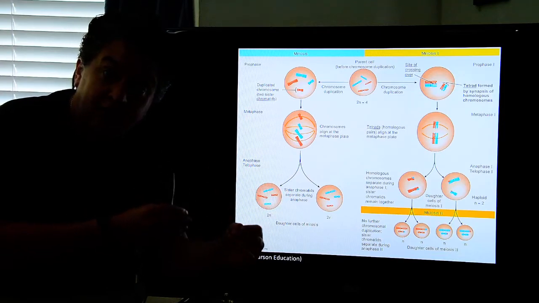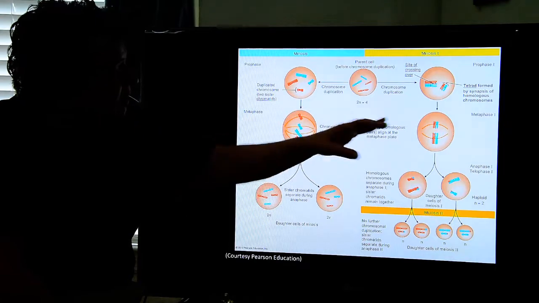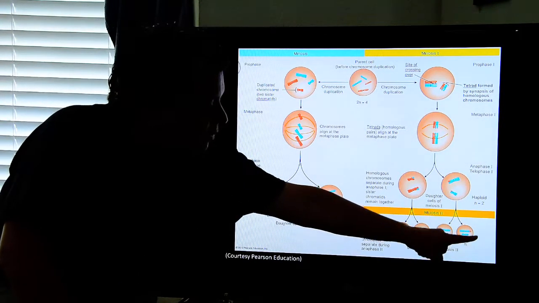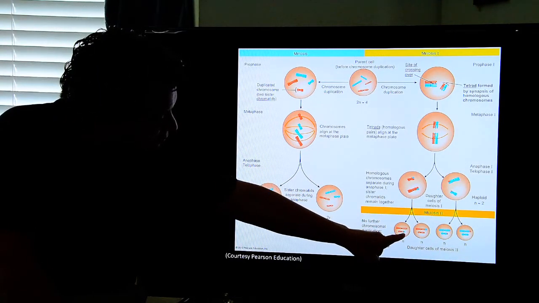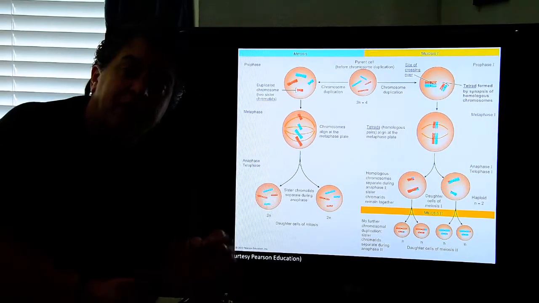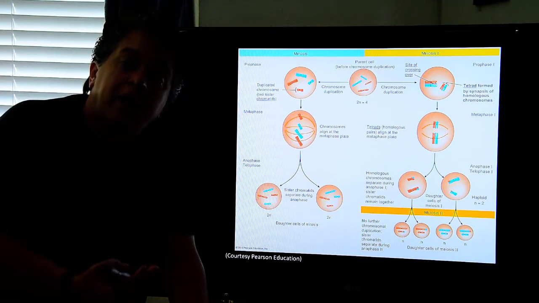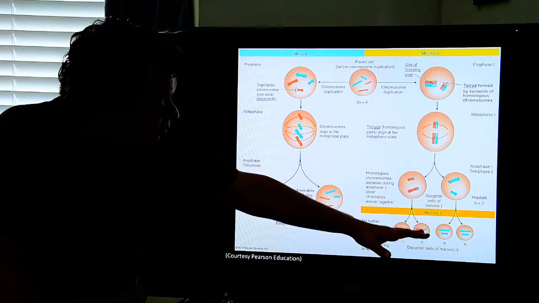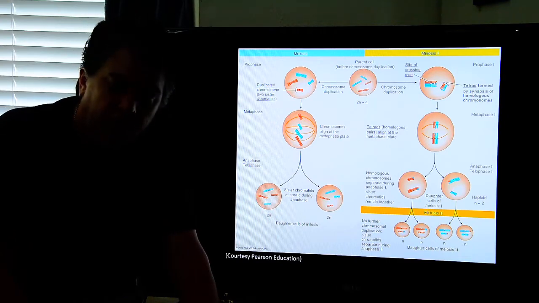And so this is going to increase some of the variability in the organisms. And then the cells split a couple of times, and thus we get our four haploid cells, and there you can see where that chromosomal crossover occurred. This is one of the things that allows for quite a bit of variability amongst organisms, this meiosis and some of the chromosomal crossover that can happen during that time.